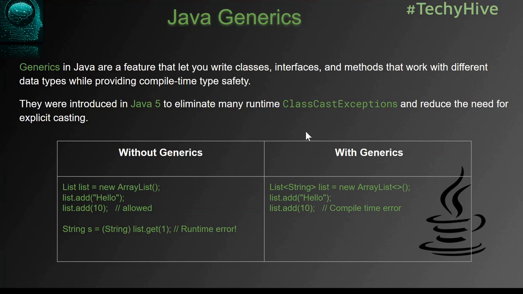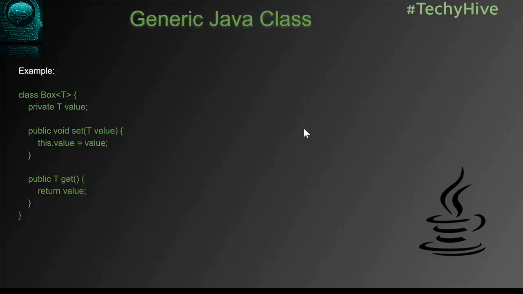Next, let's see how to create a generic class and a generic method. Here is the example of a simple generic class Box, and you can see we are specifying generic type T, and then we are using this T to specify the type of the field, and also we are passing this type to the methods. If we want to create an object of this class, then we can specify this generic type while creating the object like this.